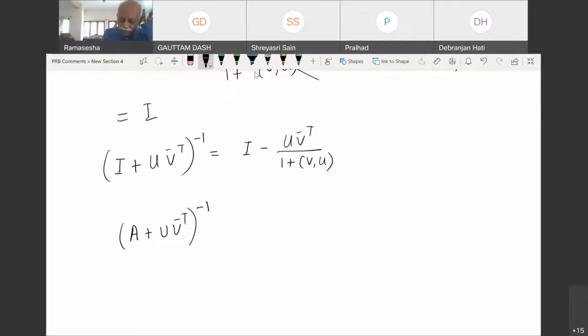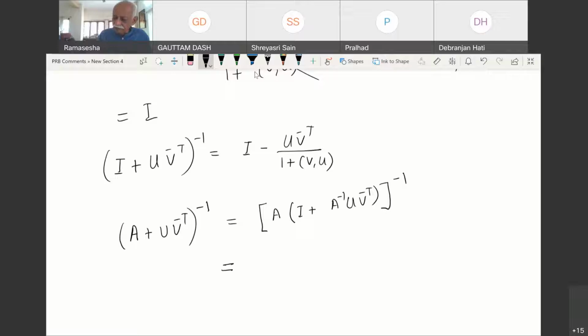Okay, so I can write it as, take out A as a common factor. I can write it as A times I plus A inverse UV bar transpose. I can do this because all I have done is taken A as a common factor. Okay, so A into I is A, A into A inverse is I. So what you are going to get back is the left hand side.